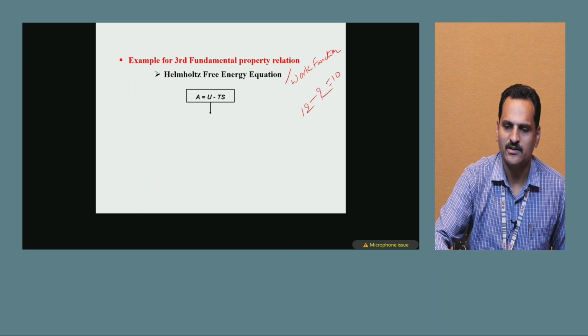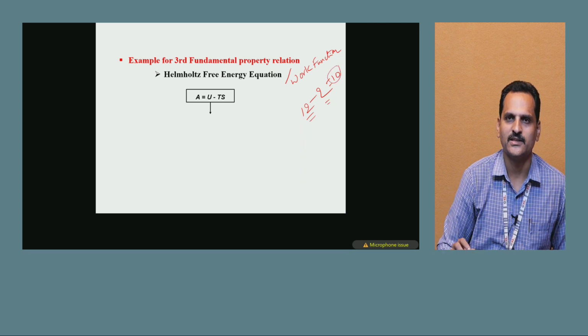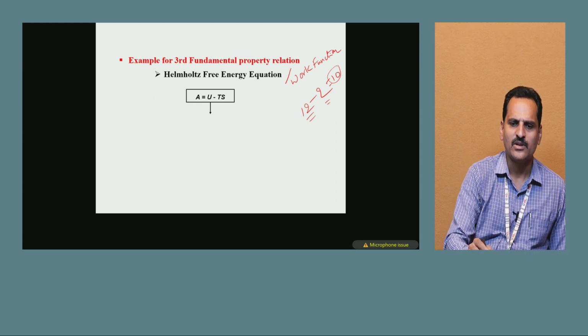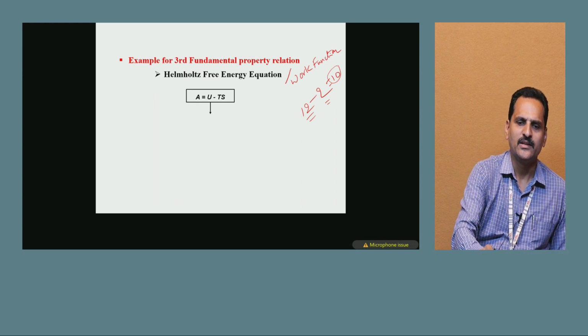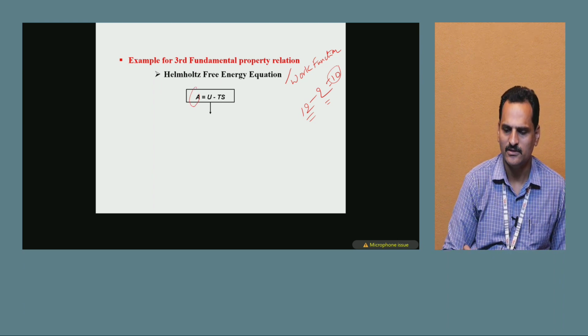If you subtract the 2 damaged mangoes from one dozen mangoes, we get 10 useful or eatable mangoes. In this way, the total internal energy U minus the entropy energy, if you subtract the entropy energy from the internal energy, you get the useful work, that is called work function.